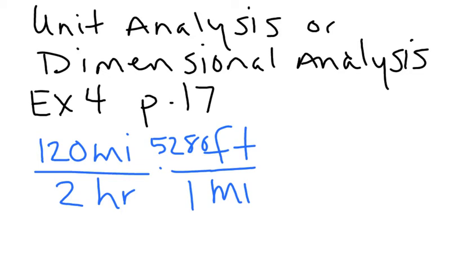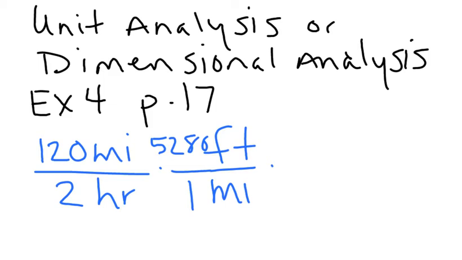Okay? Next, I've got to have a conversion factor for hours. How many seconds are in an hour? Now, I might not know that. I might only know that there are 60 minutes in an hour and 60 seconds in a minute. So I could use those, or I could do it a different way. Let's say I choose to go 1 hour, how many seconds?